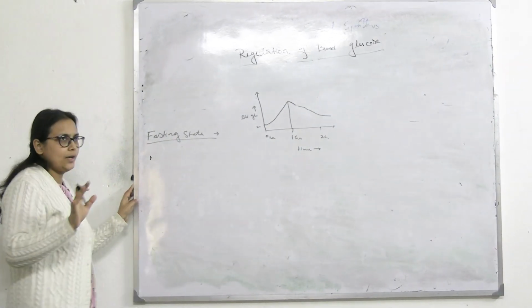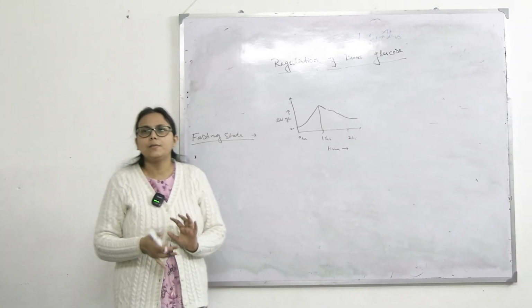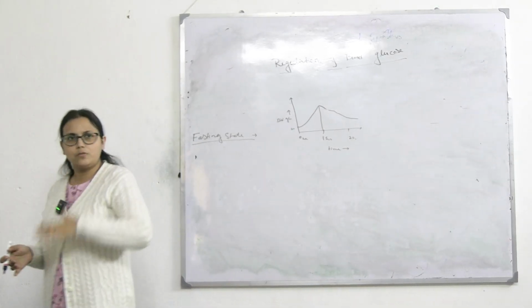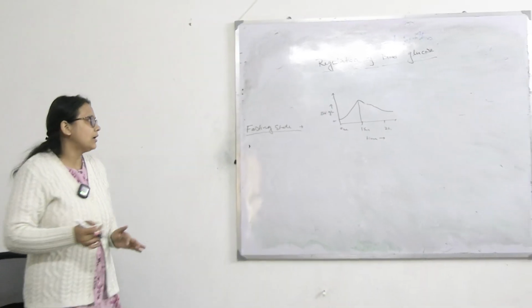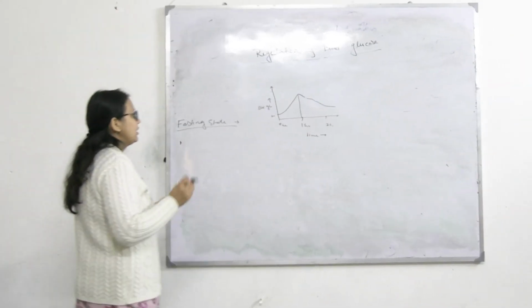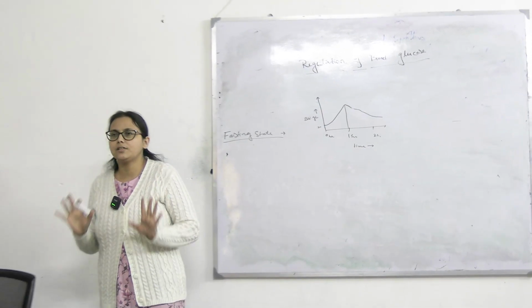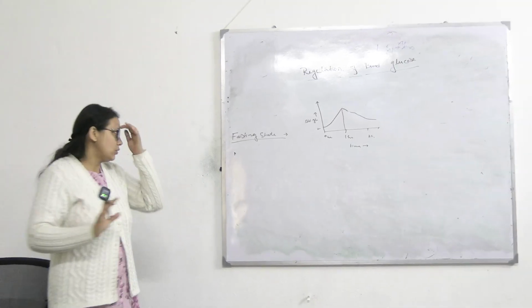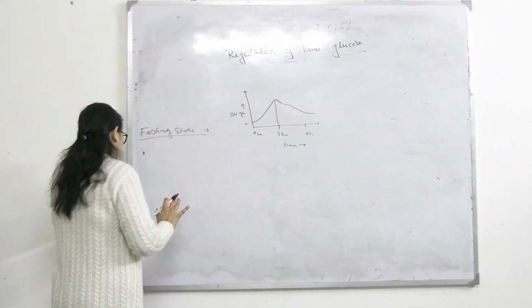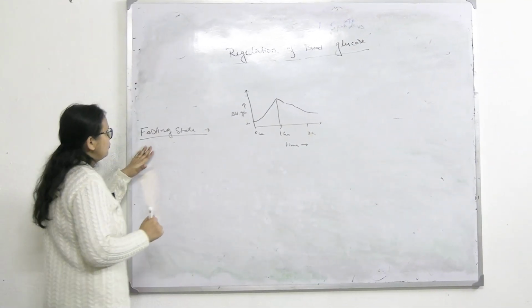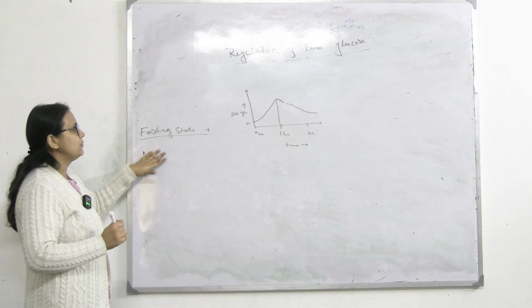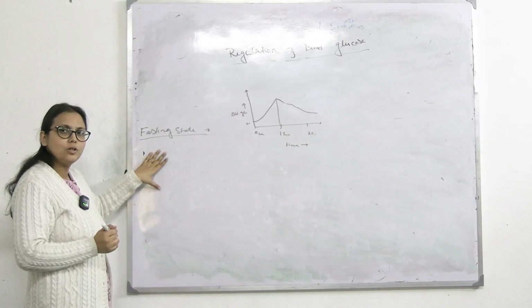So when we have not taken food for a long time, the blood glucose level starts falling. Excessive falling is very harmful for our body, so there must be some mechanism which prevents it. What are the mechanisms we will see. Whenever blood glucose level starts falling, which hormone is secreted? Glucagon.